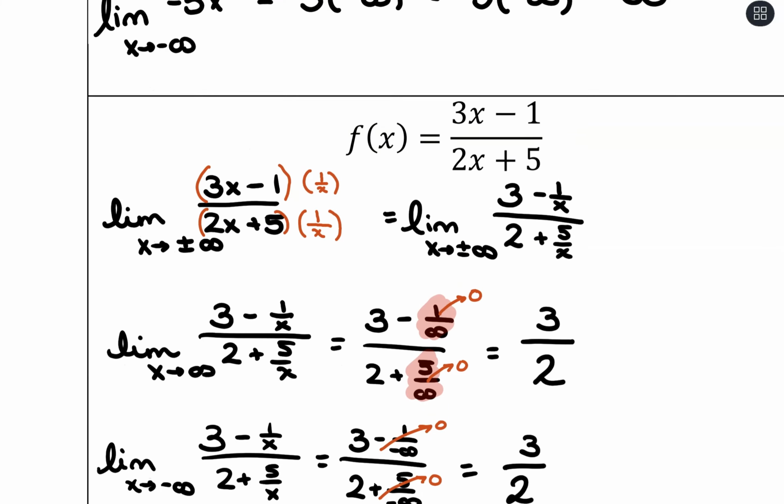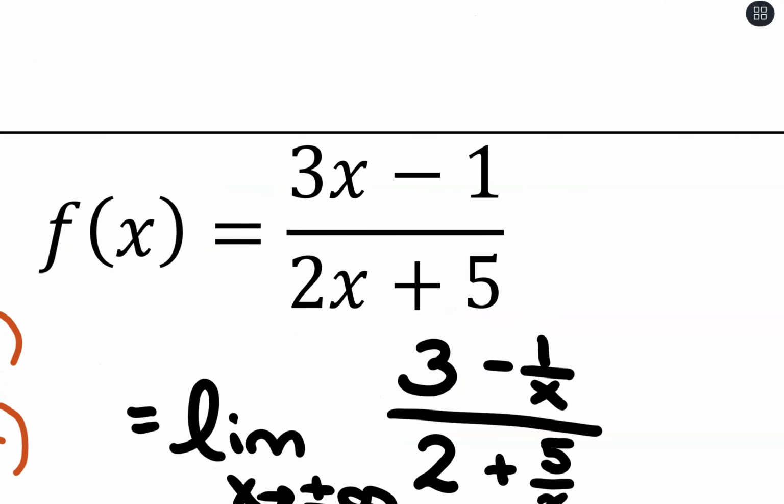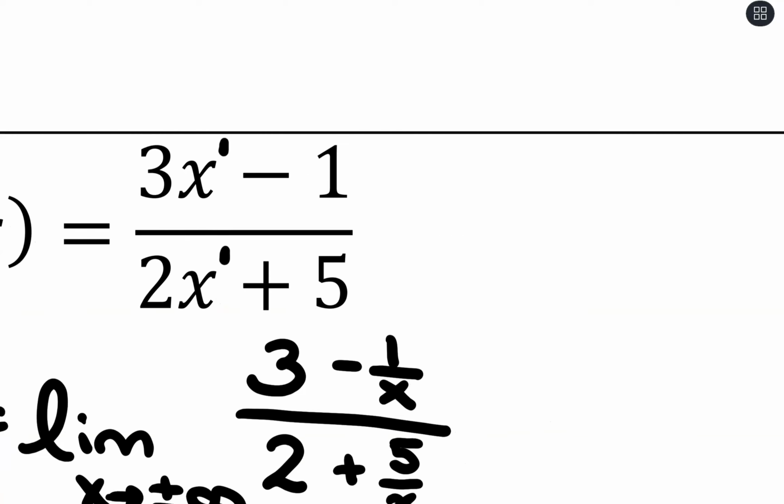Now, as a refresher of what we did in pre-calculus, when we have rational functions, we compare the degrees of the numerator and denominator, which come from the exponents. If we call n the degree of the numerator and d the degree of the denominator, this is a case where the degrees are the same. Both have powers of 1.